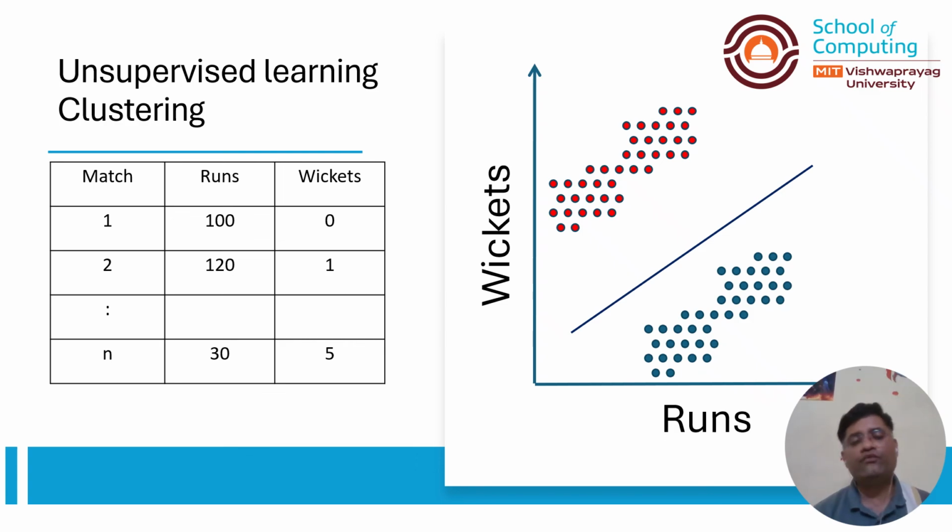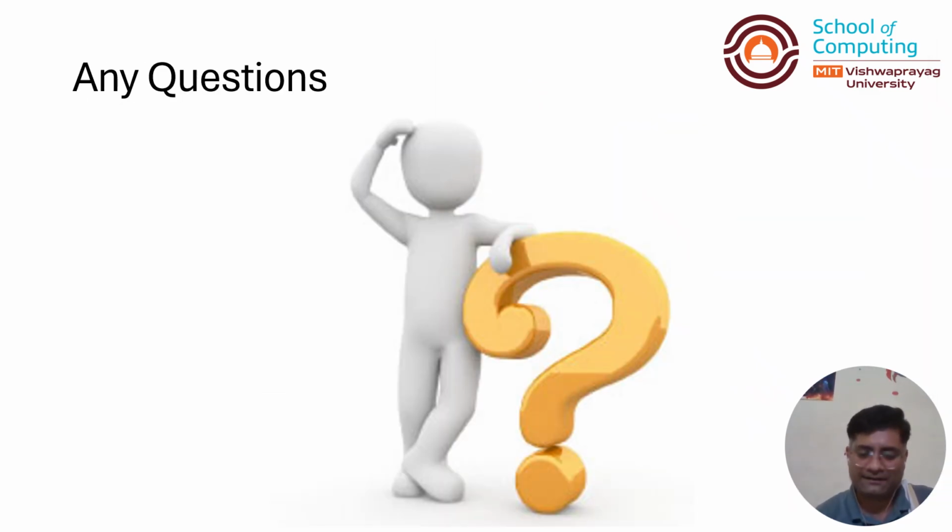Whereas if the number of wickets is more and the number of runs is less, then these are obviously bowlers. But here nowhere is it written whether it is a bowler or batsman. So the target or expected output is missing. So this is called unsupervised learning.